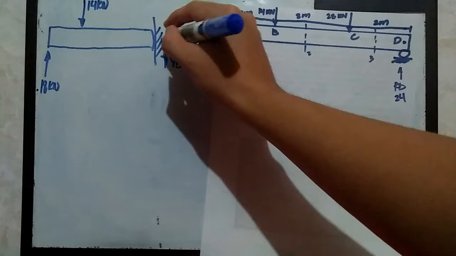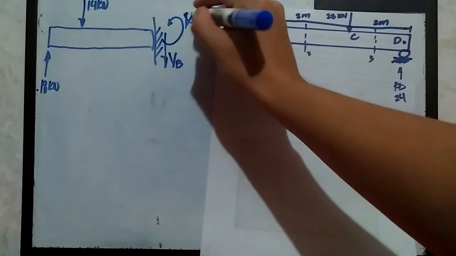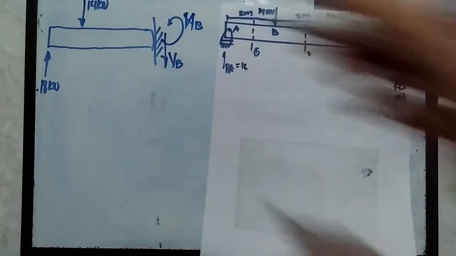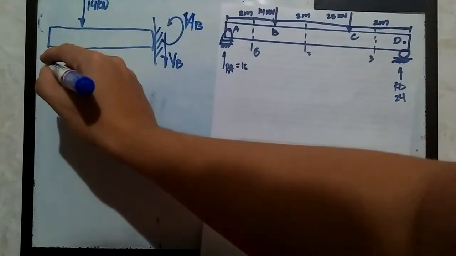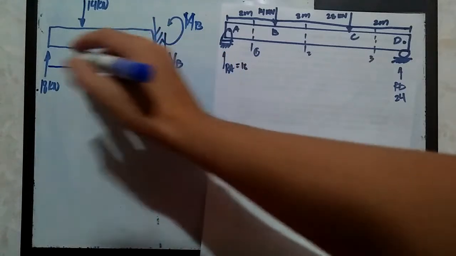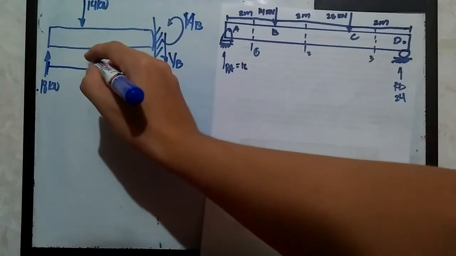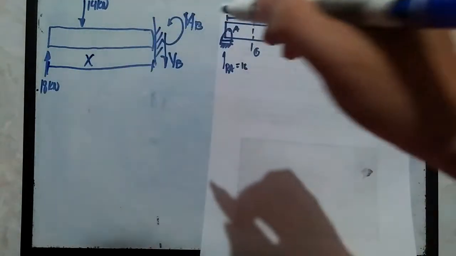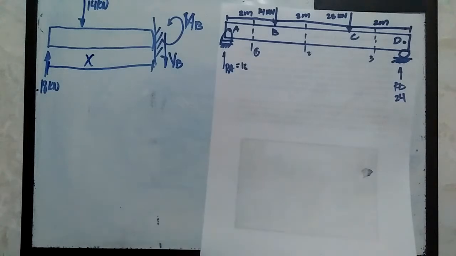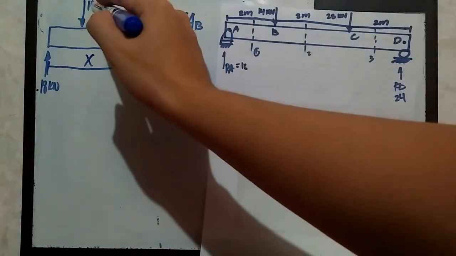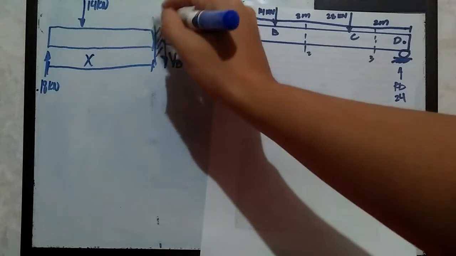And then we have the bending moment, M sub B. And we don't know what the length of this section is, so we need to assign that as X again.